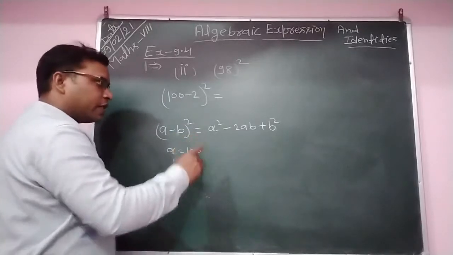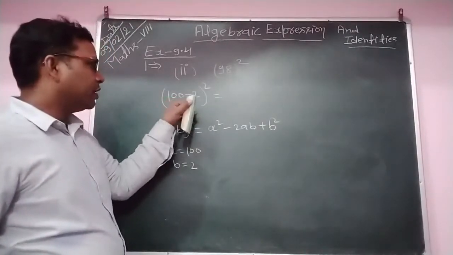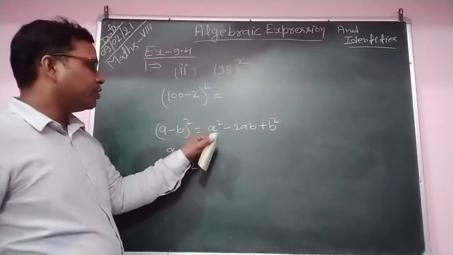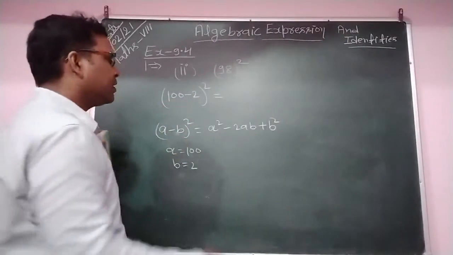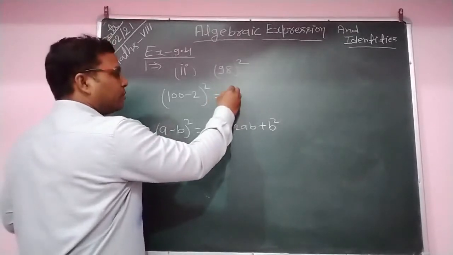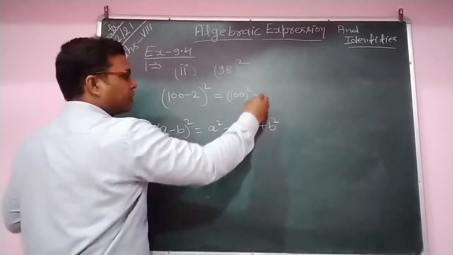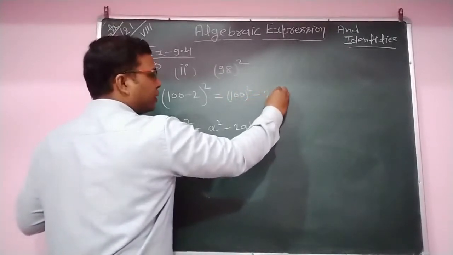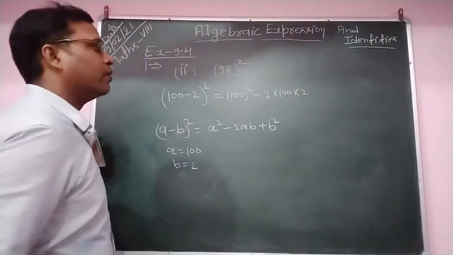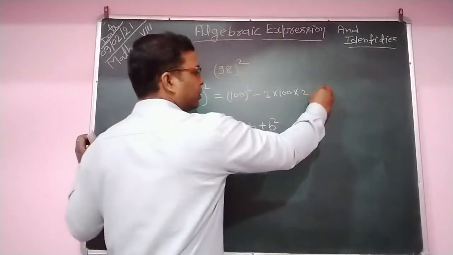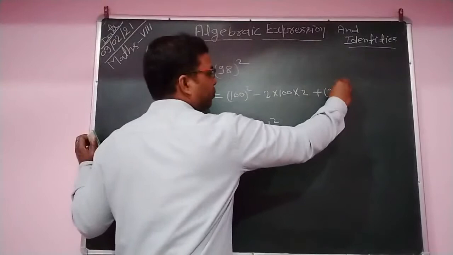So according to the second identity we can express it as square of 100, minus 2 into 100 into 2, plus square of 2.